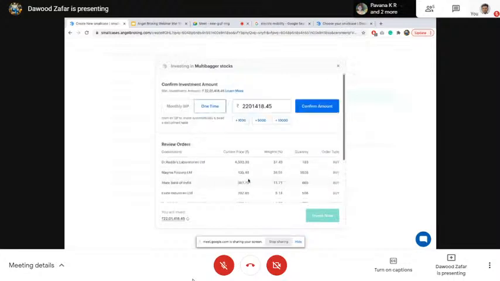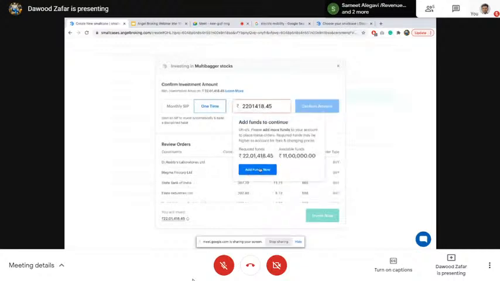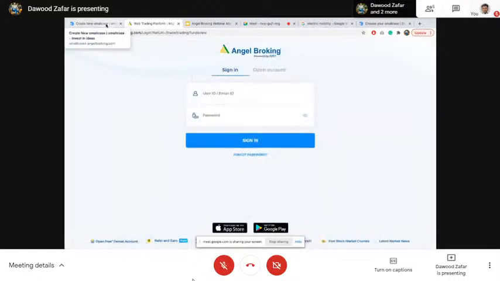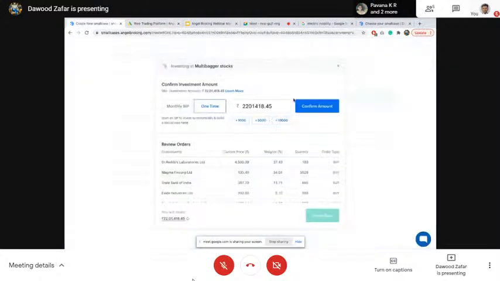I'll have to reduce the quantity, one second. Let me go back. If the funds are short, you can always log in from Angel and invest. So let me just review the order and reduce. As of now, I don't have that much amount.